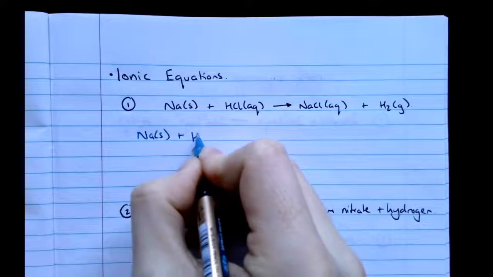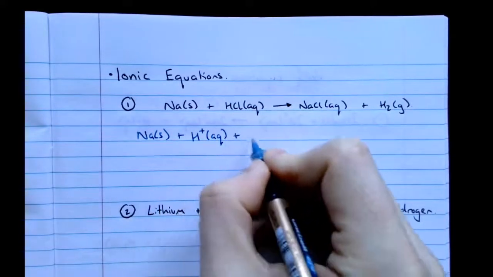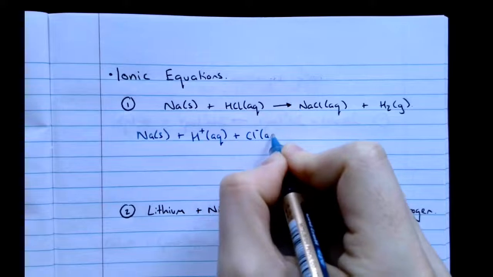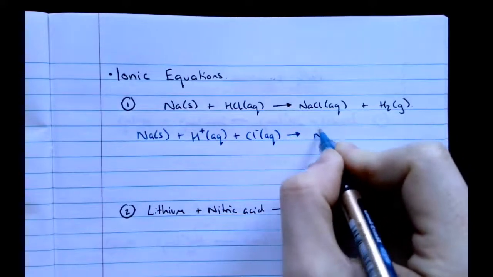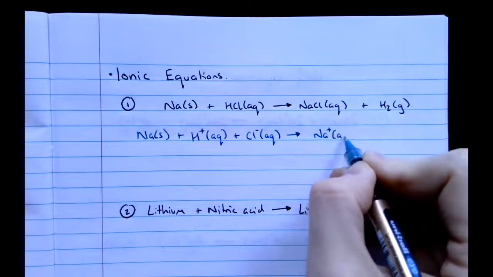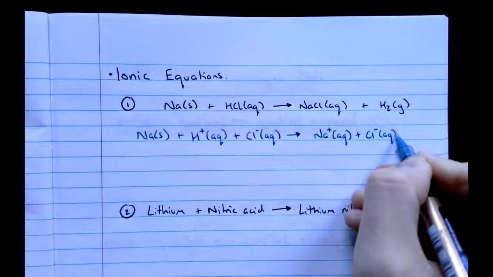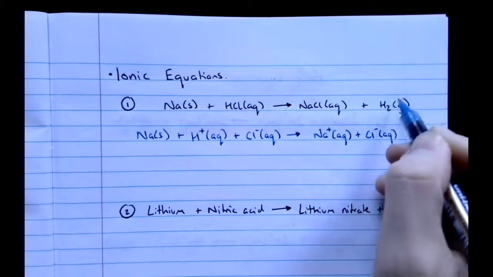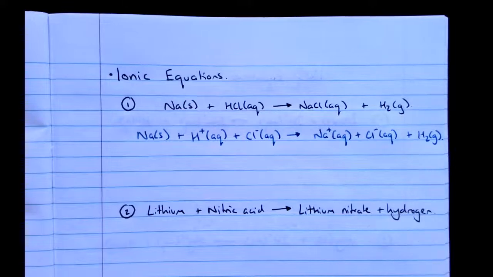So that's going to be H plus Cl minus gives me Na plus. This is also an aqueous solution. Plus Cl minus. Plus, now this is a gas, and it's a covalent compound, so it's going to be H2 gas. Now, what have I forgotten to do?